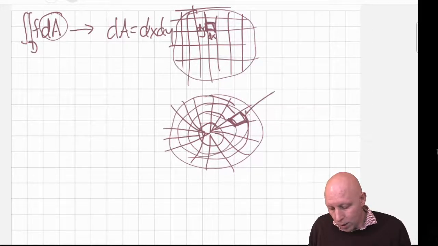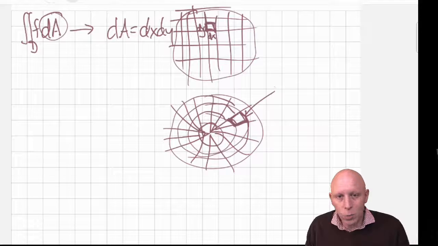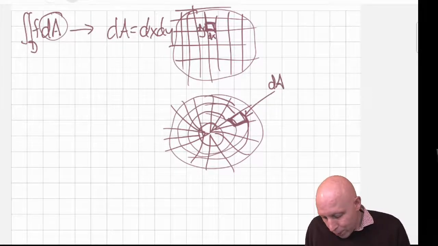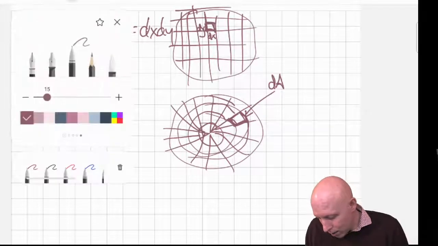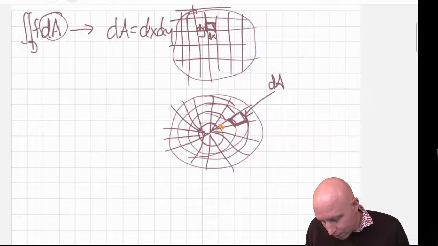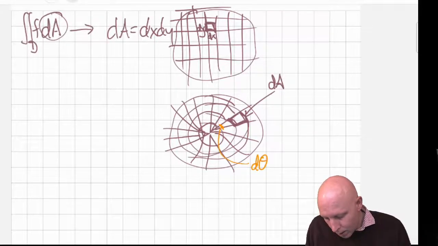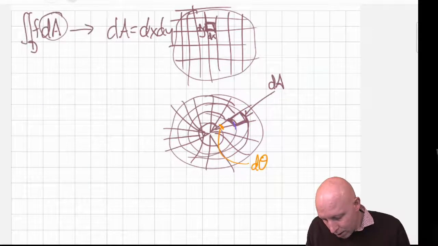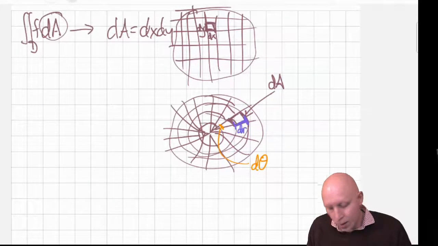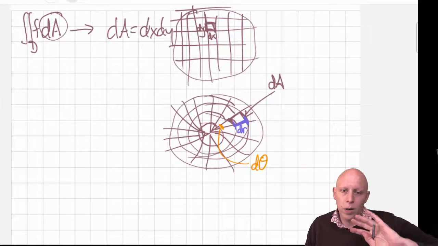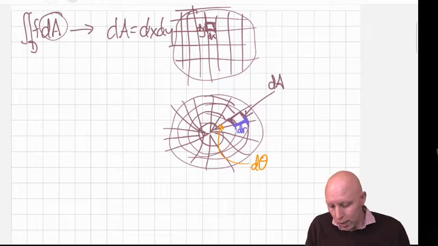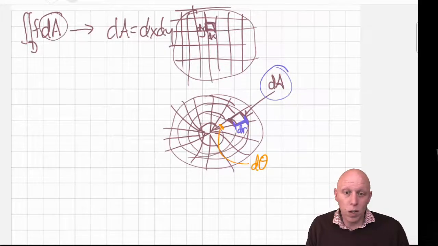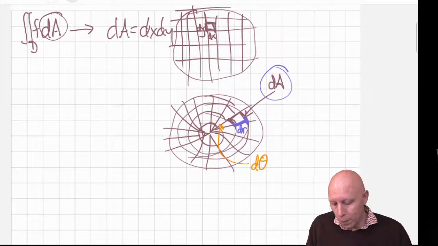So now the question is, how can we write down an expression for what dA is if we have some angle? Let me highlight it with a different color. We have some angle here, d theta, and then we have some radial change dr. So what is dA equal to in terms of dr and d theta?